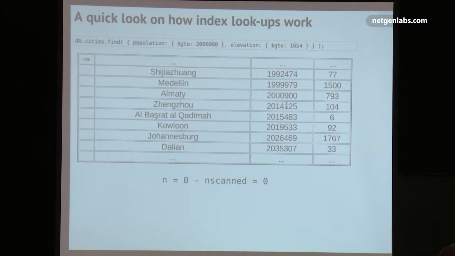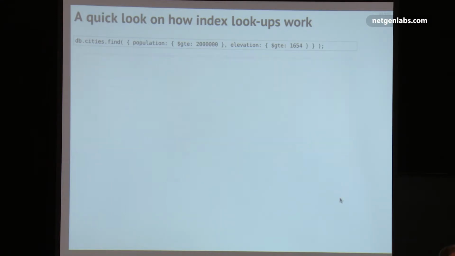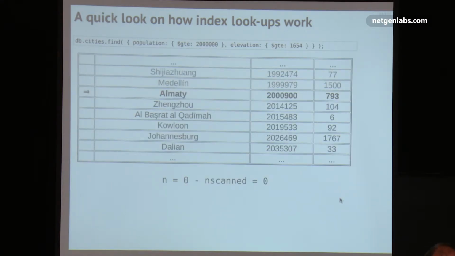In the index that I found, there are actually no two cities with the same population, except for null, and those were errors. So for MongoDB to do a lookup on this index, it will jump to the position in the index where the population is larger than 2 million, which is, in this case, Almaty. There's 2,009,000 people. So that is the first thing that happens.